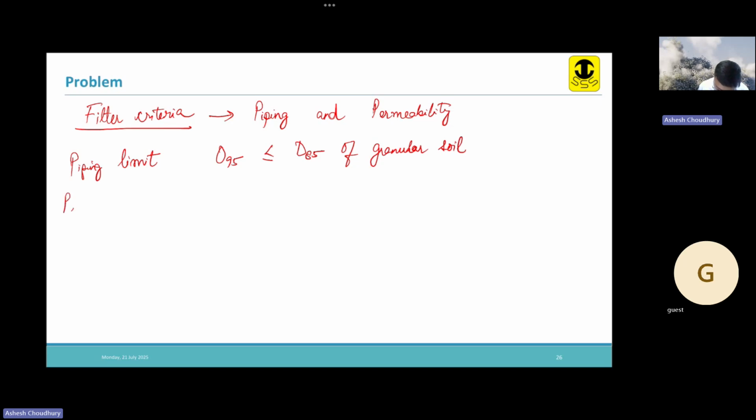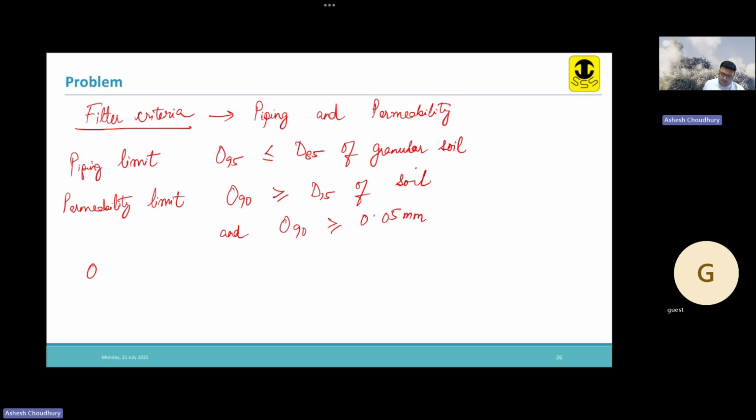And the permeability limit: O90 should be greater than or equal to the D15 of the soil, and O90 greater than or equal to 0.05 mm.